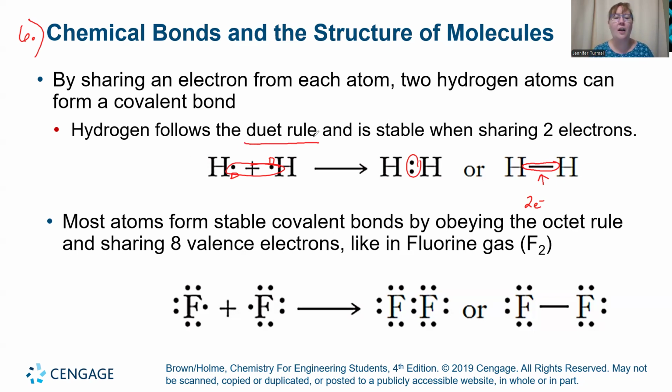Now, most of our atoms follow the octet rule, or obey the octet rule, we'll often say, by sharing 8 electrons. And one example of that is with fluorine gas. So remember that fluorine had this one little unpaired electron here. And so we can join them here, and then you can see them in one structure like this, with a single bond like so.